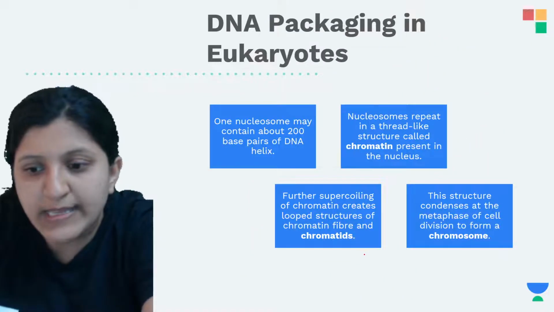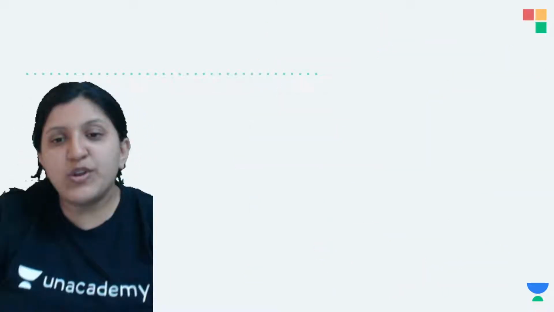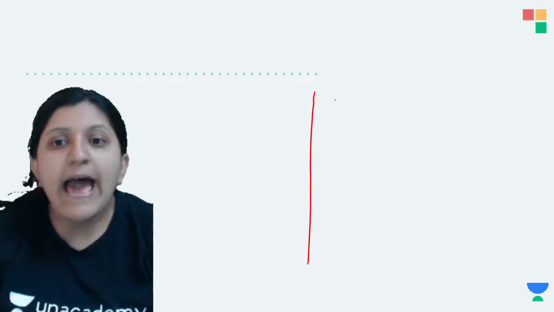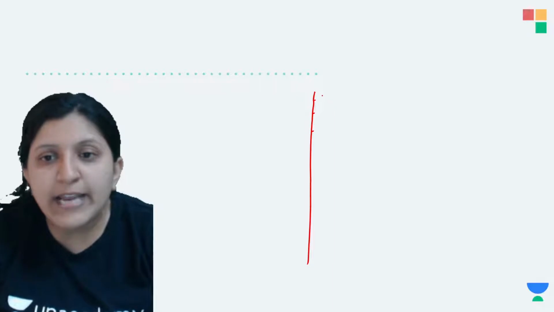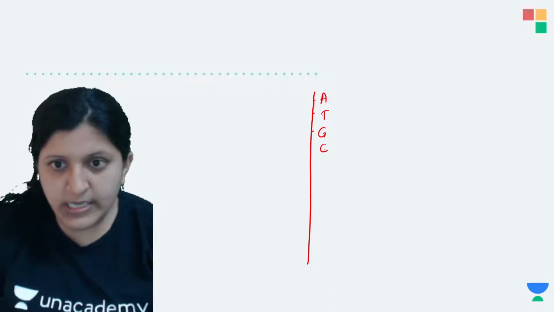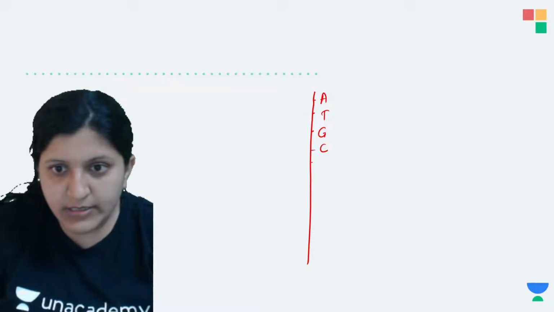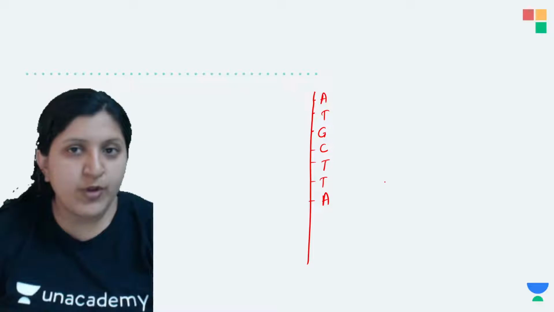We will see the quiz at the end, so I'll just explain it here itself. Now you can see there is one strand. This is a DNA strand having a sequence. Here nitrogenous bases are there, and those nitrogenous bases are A, T, G, C, T, T, A. Let's say this is the complementary base pairing that we can find.